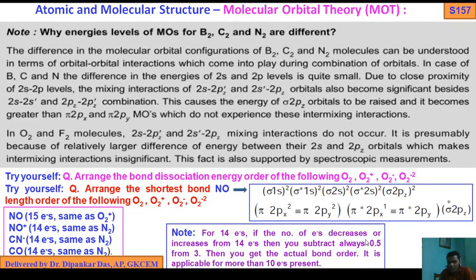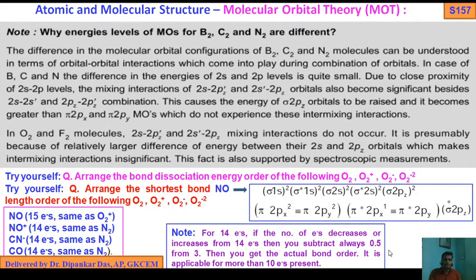For 1 electron it is 0.5, for 2 it is 1, so from 3 minus 1, that is 2. Okay, it is understood. So now with 14 electrons, the number of electrons decreases here by 2, so 0.5 for each electron, that is 1, so 3 minus 1, that is also 2.